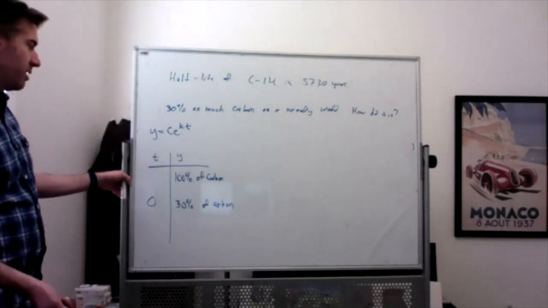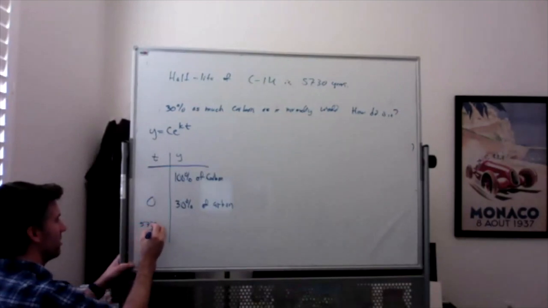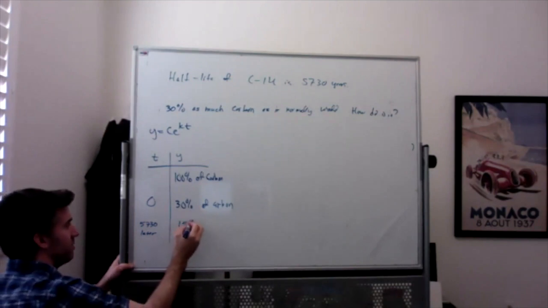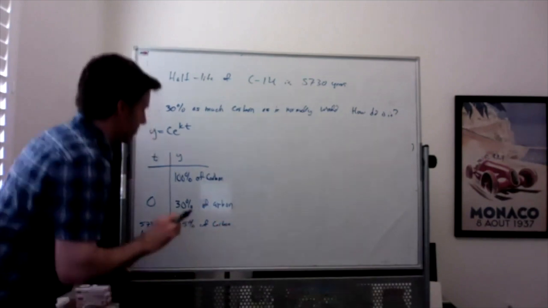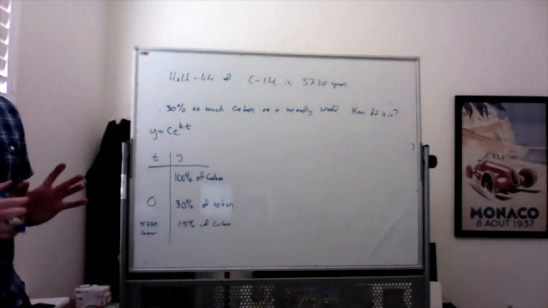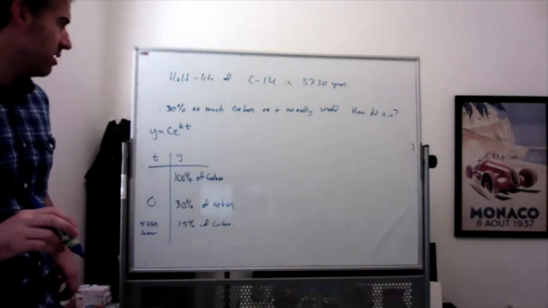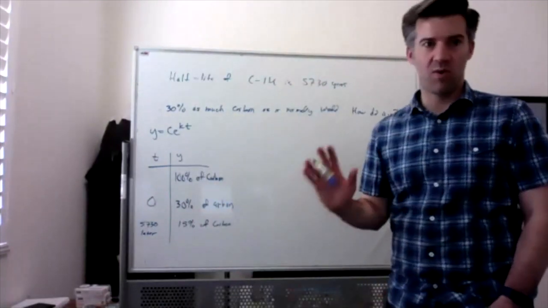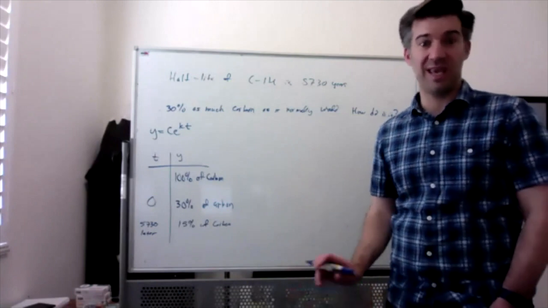And then we know that 5,730 years later, we would have half of that. I know the numbers look a little wonky, but it's going to be okay. What we have to do is ignore the fact that we don't know what C is for a second and just figure out what the k value is.